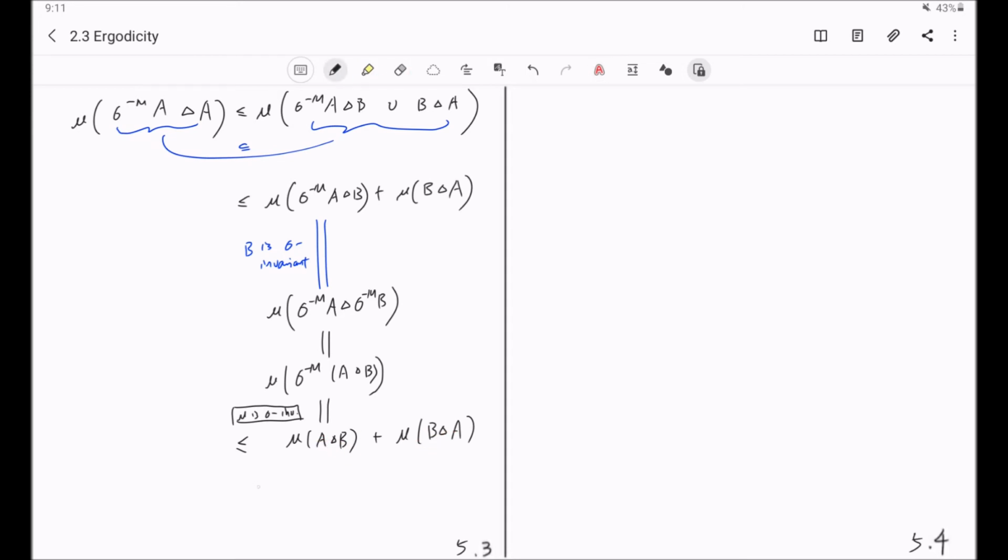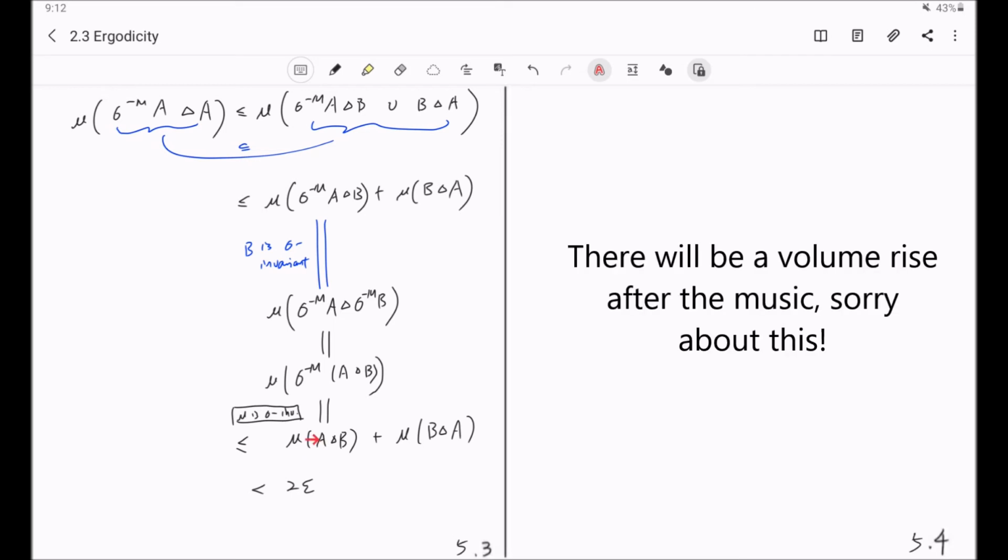So this is less than 2 epsilon by our approximation claim at the beginning. That is, remember how we got A. A from the beginning is something that already satisfies that the symmetric difference with B has measure less than epsilon.